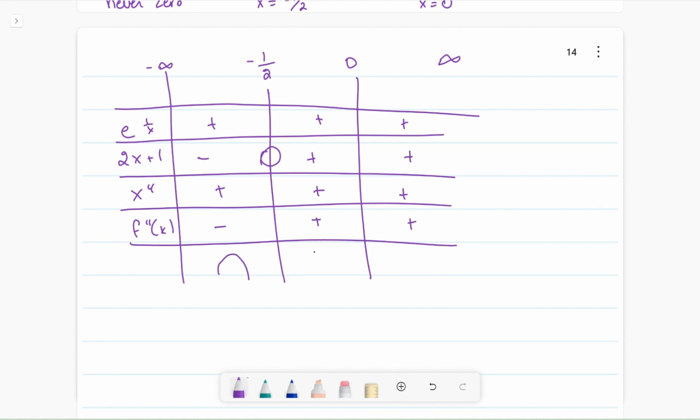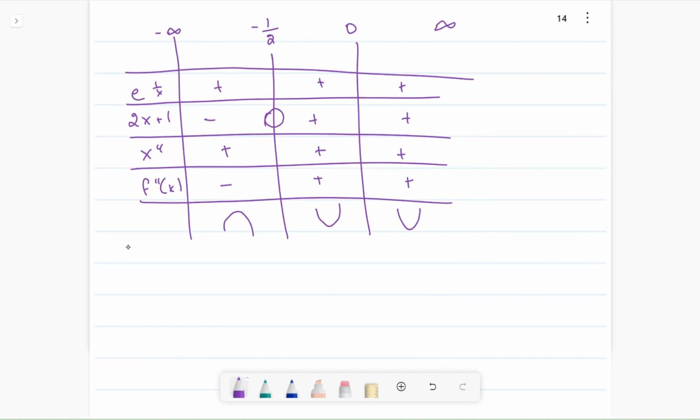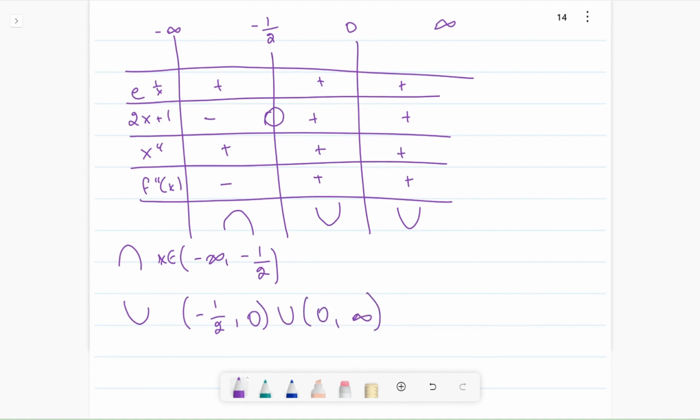So we have downwards concavity, upwards, upwards. We can write this as downwards concavity from negative infinity to negative half, and upwards concavity from negative half till 0, union 0 till infinity.